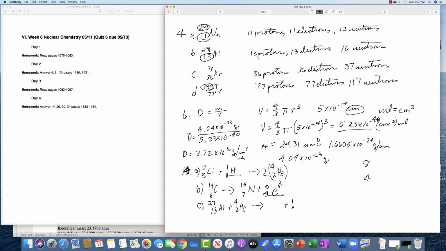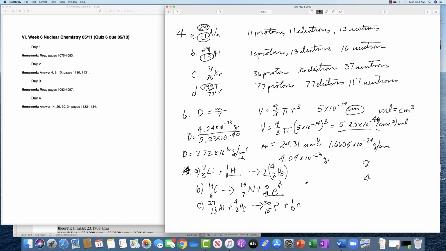And a neutron has a mass of 1 and no atomic number. It has no effect on the atomic number. So if we add these up, we have 15, and there's nothing here, so whatever it is has to be 15. And then if we add these up, we have 31 minus 1 is 30. And if you look this up in the periodic table, you're going to find that this is phosphorus.